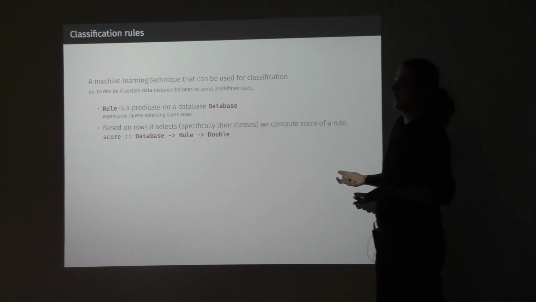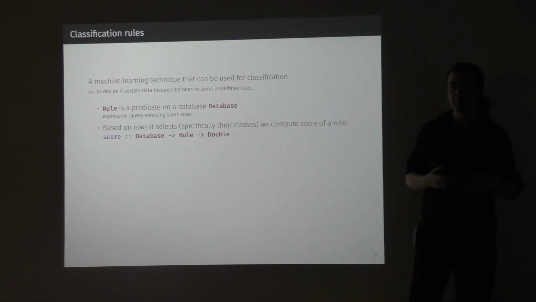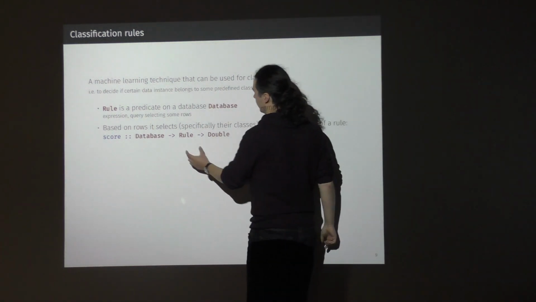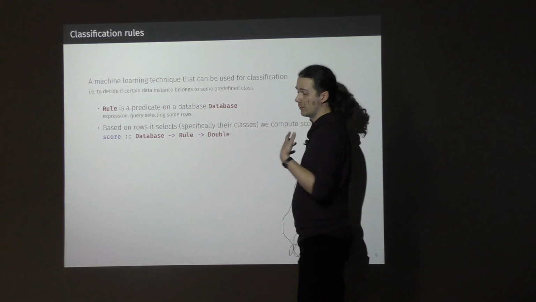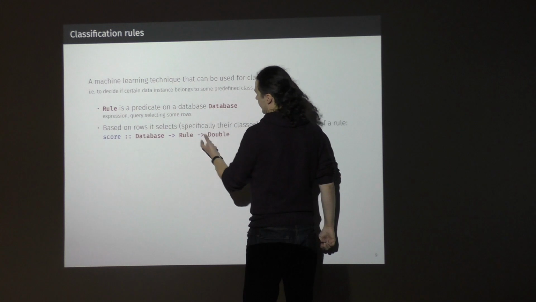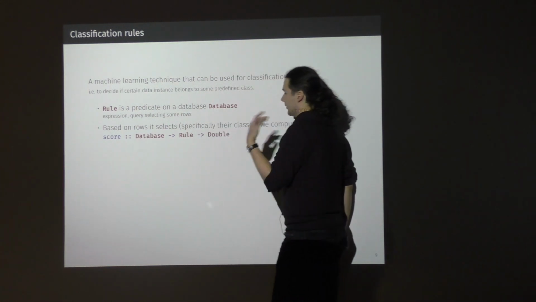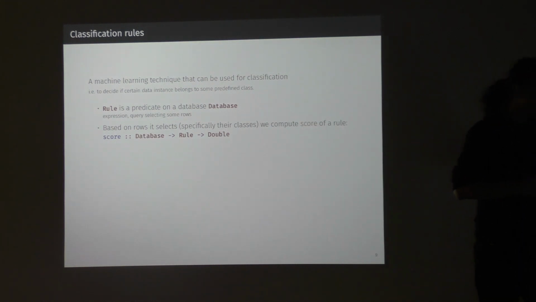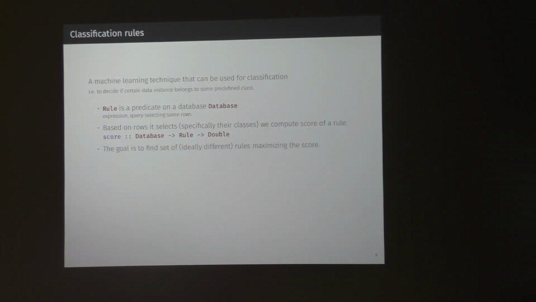To decide if the rule is good or not, we need some way to score it. So we need a function that will assign some number to a rule, which will be that score, whatever it is, and of course, it depends. So it has to have some argument too.